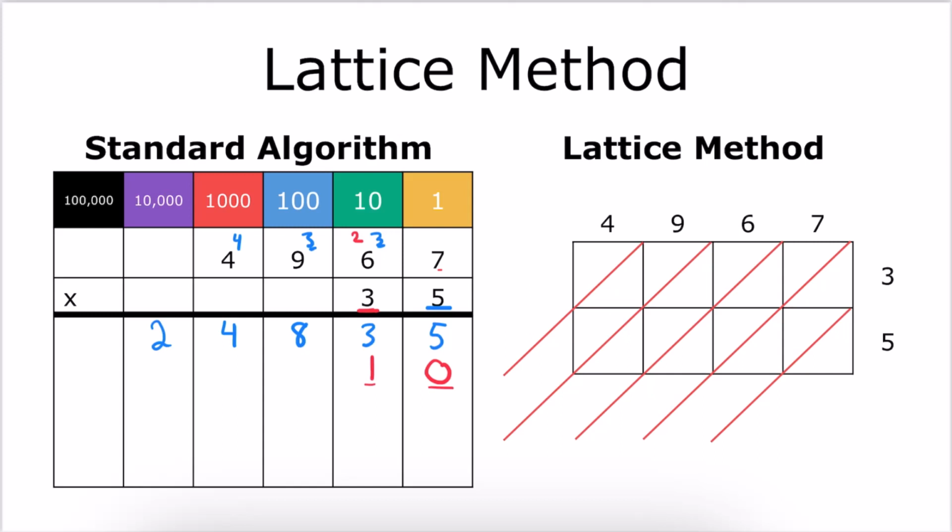Then 3 copies of the 6 tens would be 18, plus the 2 that we carried over would be 20 tens. So I'll put a 0 here. And the reason why it's not going in the tens column, again, is because ultimately we'll multiply by 10, which will shift all the place values over 1.